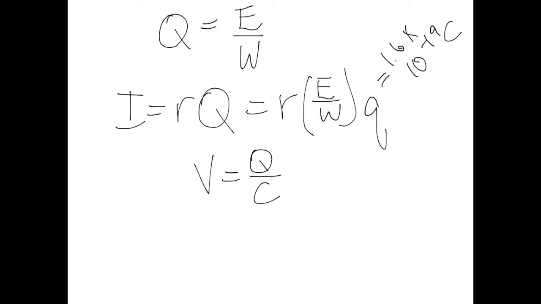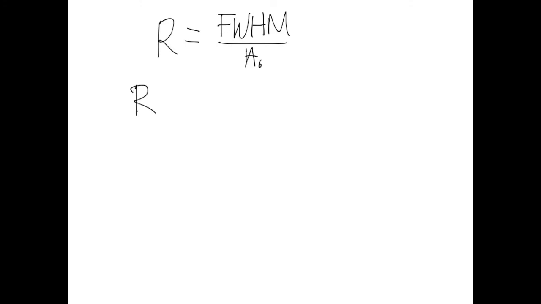So, let's move on. We have things like resolution and dead time that we need to talk about. So the resolution is equal to the full width at half maximum of any peak in my spectrum divided by the centroid value of that peak. I can talk about my resolution being at the statistical limit.